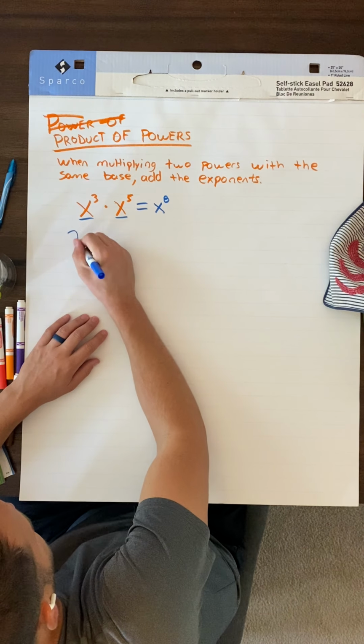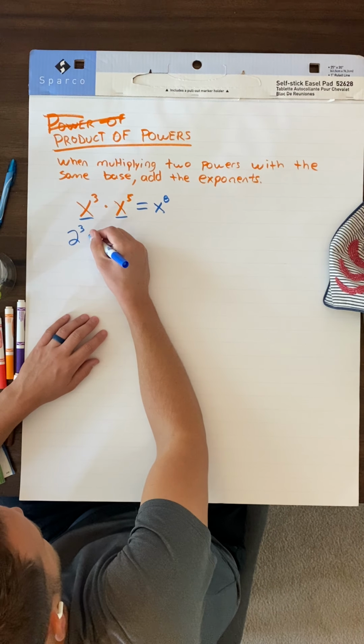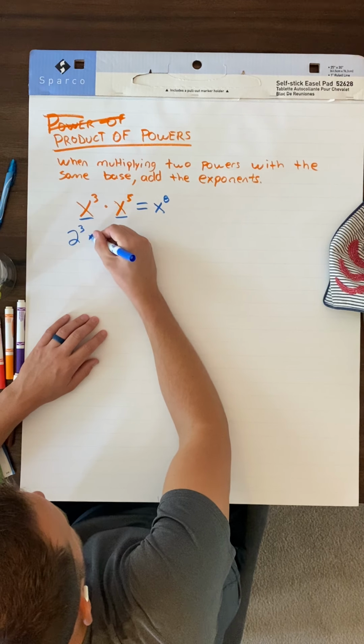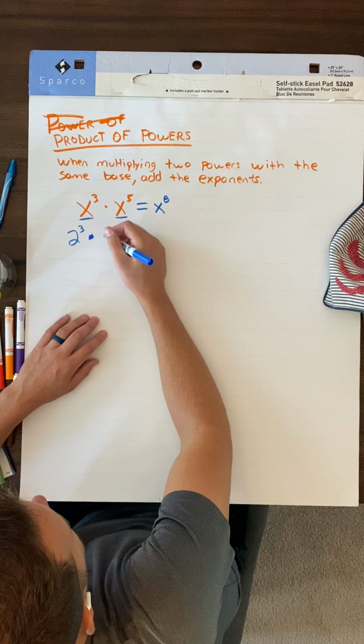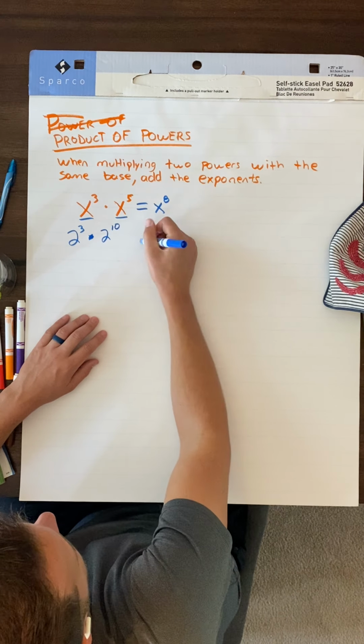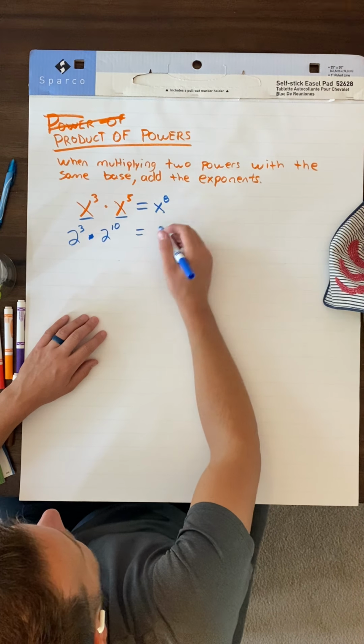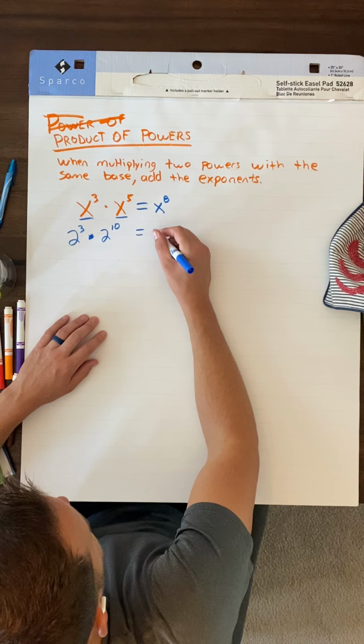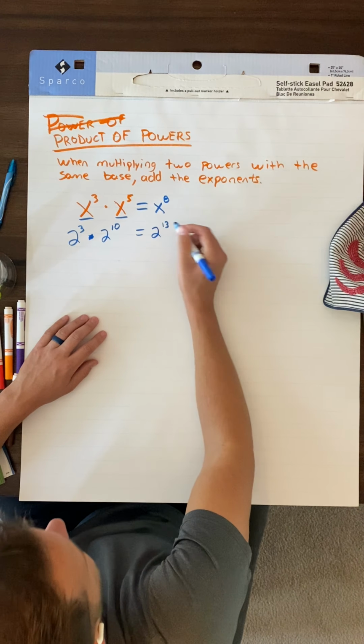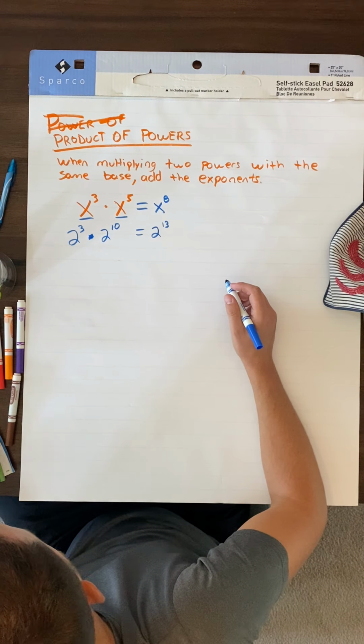Another example. 2 to the 3rd power times 2 to the 10th power. All that's going to be is you add the exponents. 3 plus 10 is 13. So that's 2 to the 13th power.